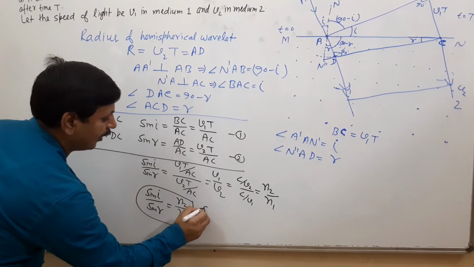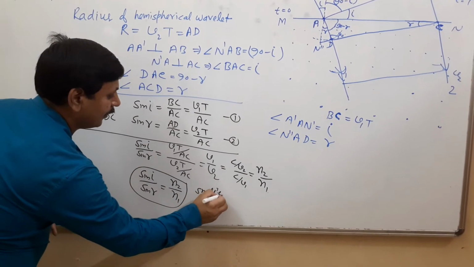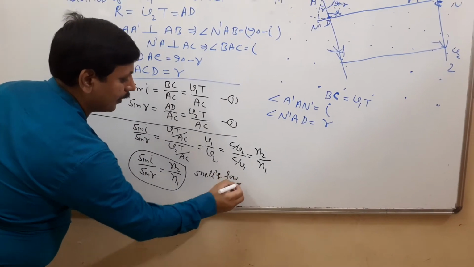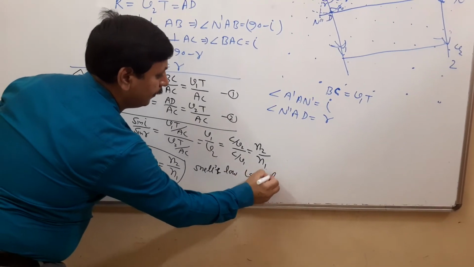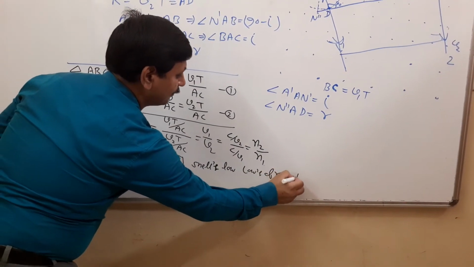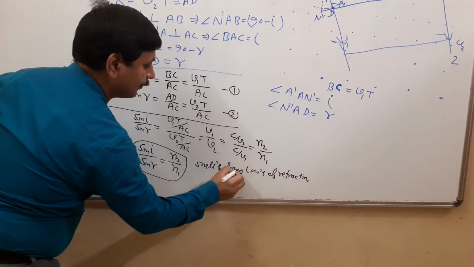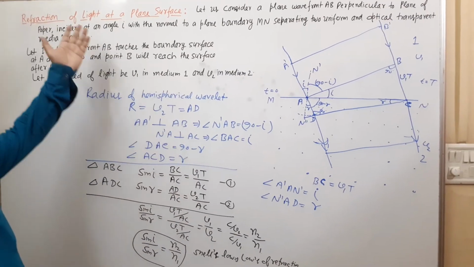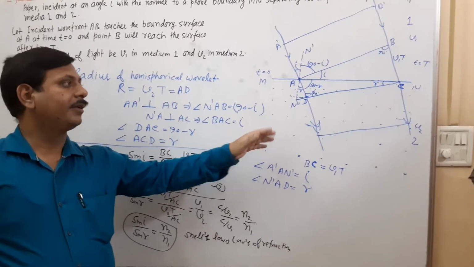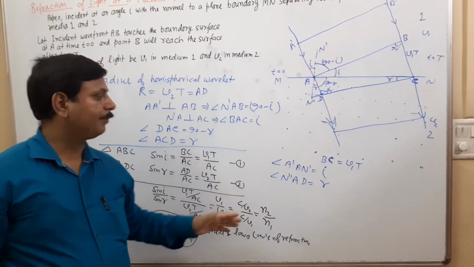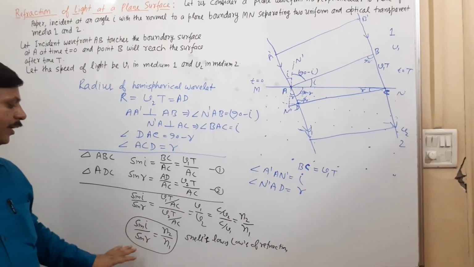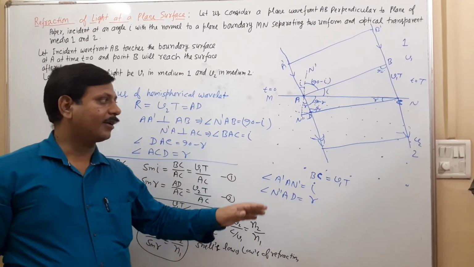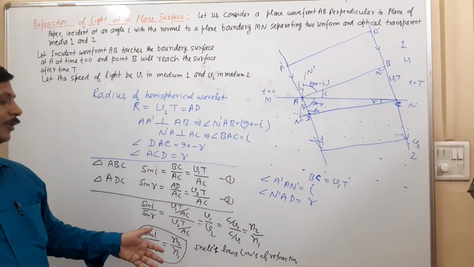This is Snell's law, you can say these are the laws of refraction. See here, by the help of Huygens principle, what I have proved: sin I upon sin R is equal to N2 upon N1, or you can say refractive index of second medium with respect to first medium.